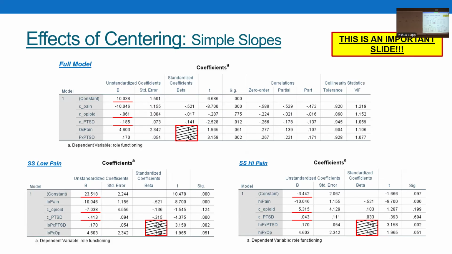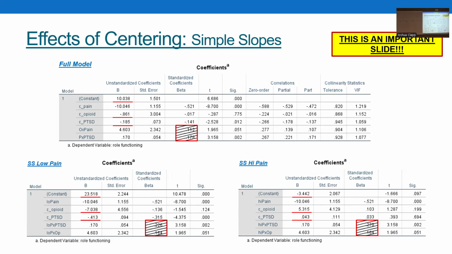So here again, we've got our model. What you'll see here is my coefficient table for the simple slope of PTSD on functioning at low pain and the simple slope of PTSD on functioning at high pain. For low pain, I've swapped out pain for low pain.